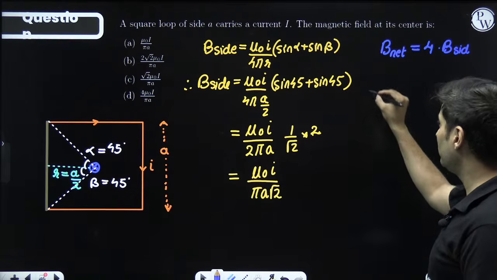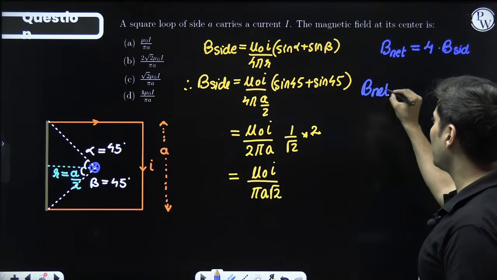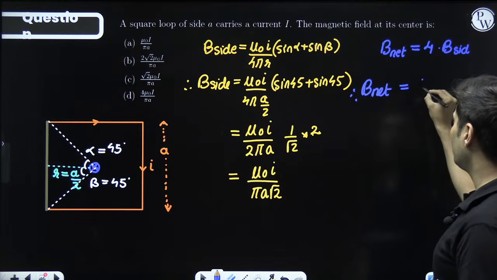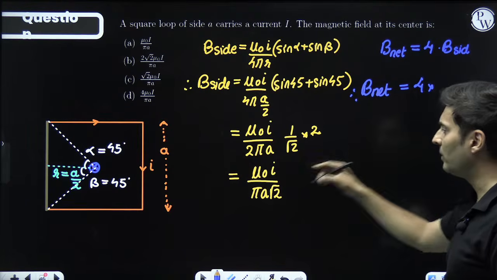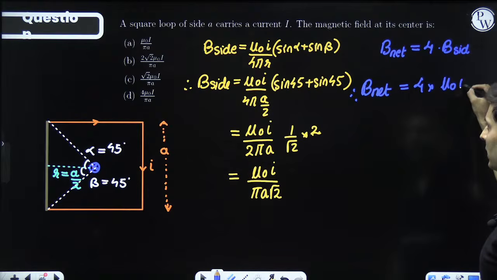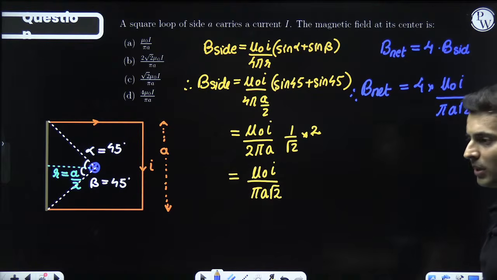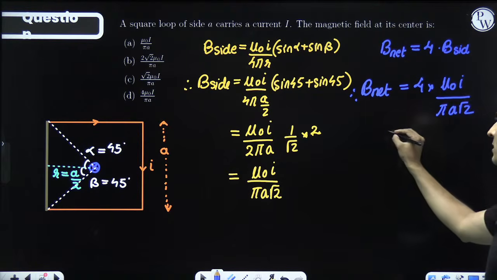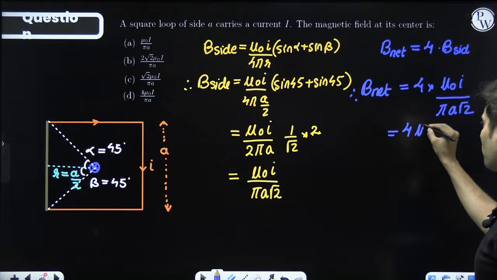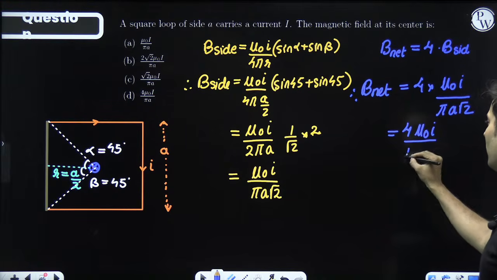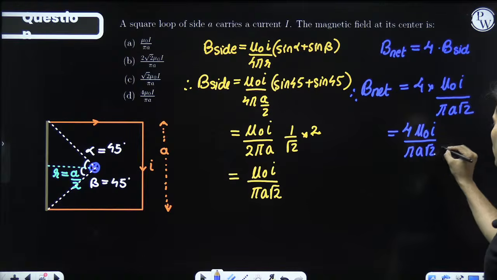We have to figure out the net magnetic field. Therefore, it will be 4 times whatever we found out over here, so mu naught current divided by pi a root 2. None of the options are matching, but don't get worried, because they have been rationalized. So this will become 4 mu naught current divided by pi a root 2.